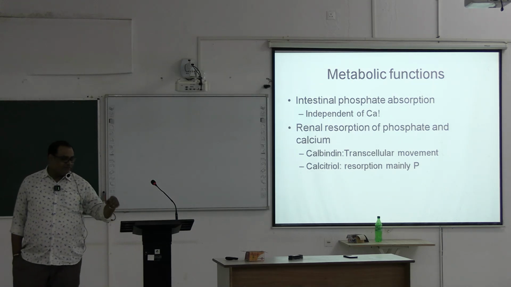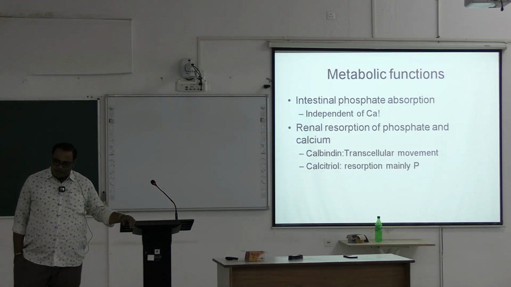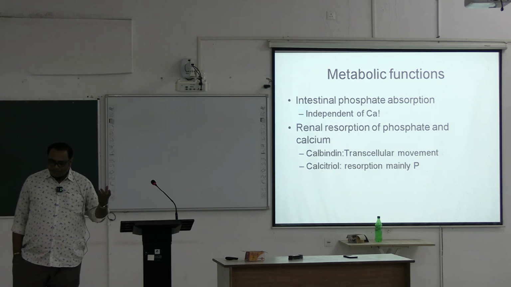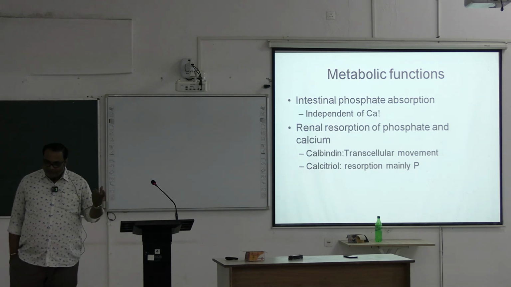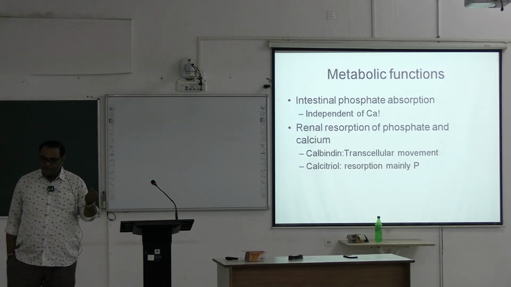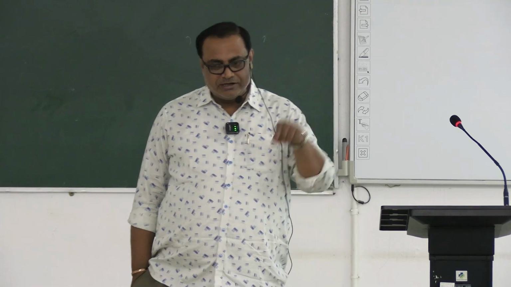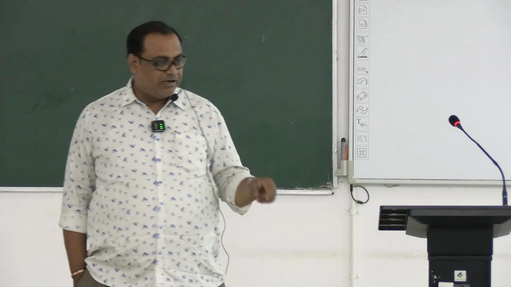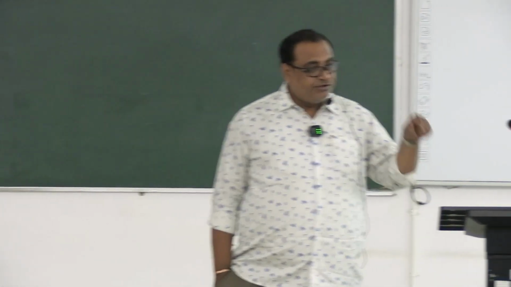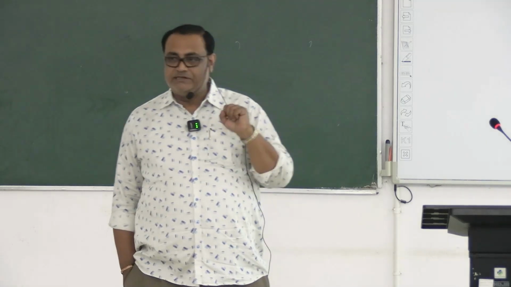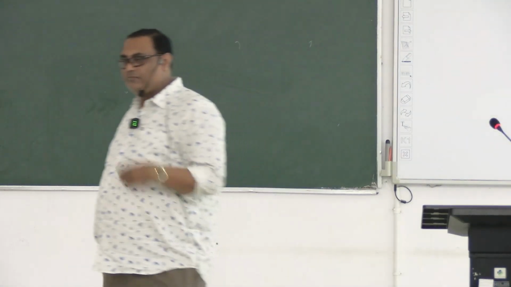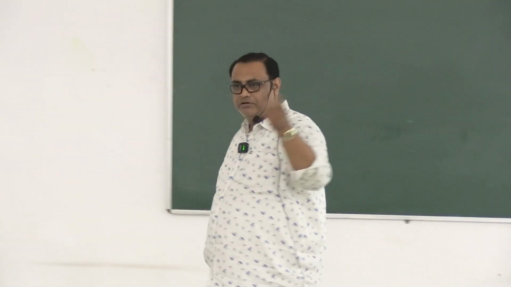If calcium alone were responsible for synthesis of bone, then our blood would have been like bone. But no. Why doesn't blood become bone? Because blood does not contain collagen. Blood does not contain osteocalcin. These are the proteins which trap calcium to form bones.